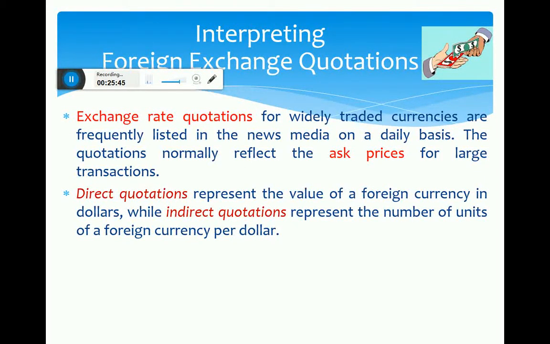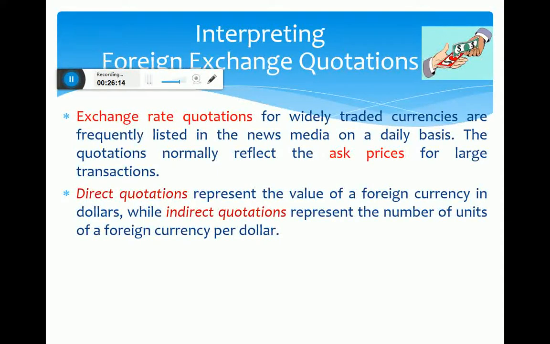So usually there are two types of quotations. Direct quotation represents the value of foreign currency in dollars, while indirect quotation represents the number of units of a foreign currency per dollar, right? Which means if I give you a direct quotation, I'll say, for example, 80,000 Afghani equals $10,000.